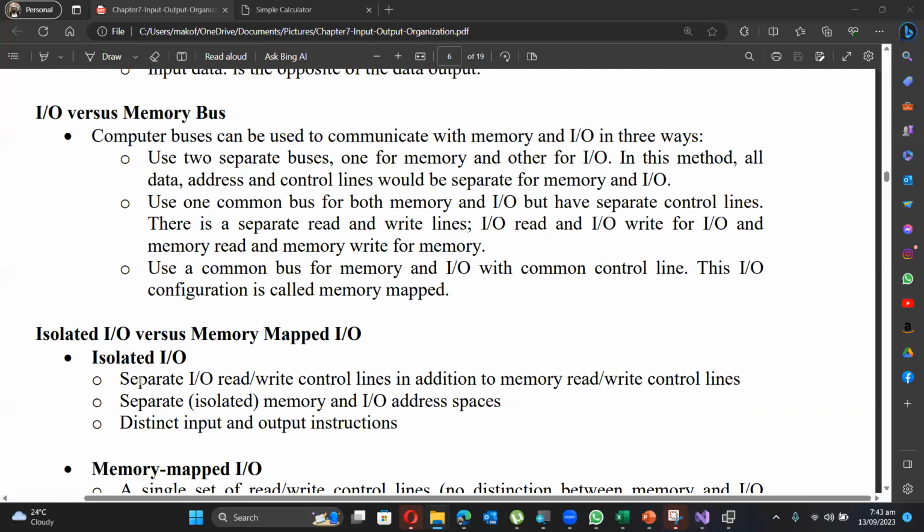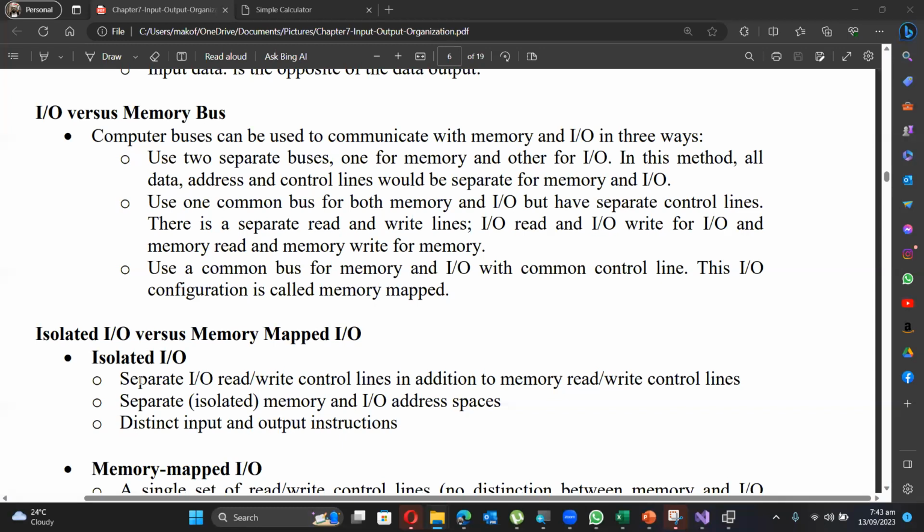First, use two separate buses, one for the memory, one for the I/O. So for me to transfer information from my input output device into my memory, I can use two separate bus lines, one for information to the memory, one for information to the I/O, so that they can go back and forth.